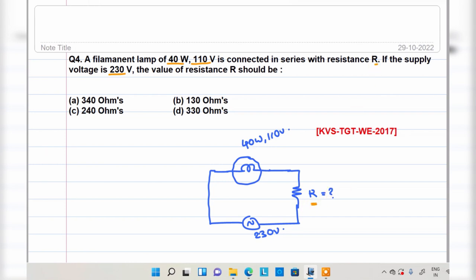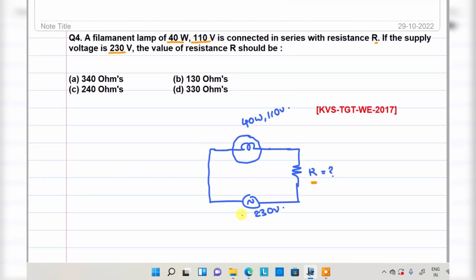Okay, it is easy. If you want to find this resistance, use some fundamental formulas. R is equal to V by I. Clearly listen. R is equal to V by I. The I value, you don't know. The V value, you don't know. How to find both the parameters?